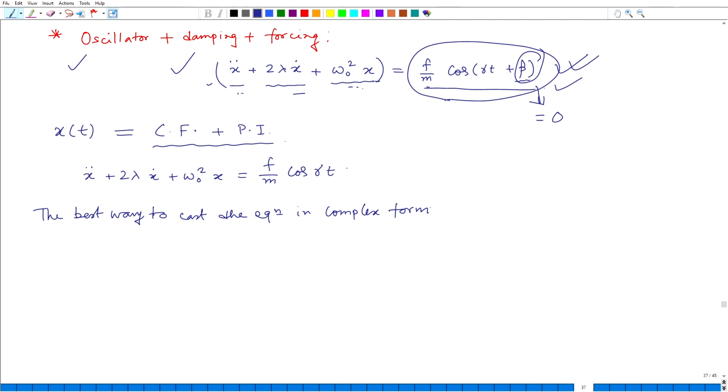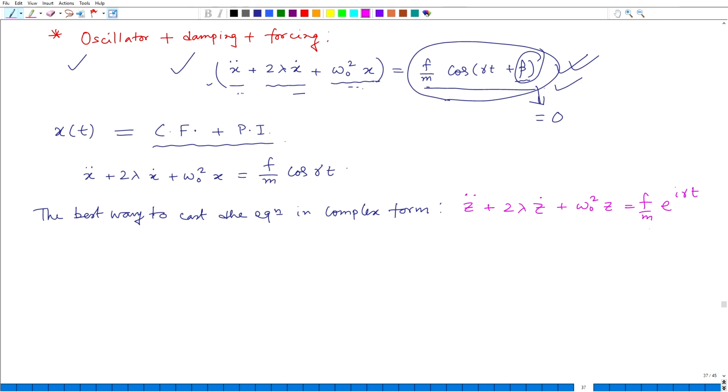So, I can write it as z double dot plus 2 lambda z dot plus omega 0 square z is equal to f by m simply e to the power i gamma t.